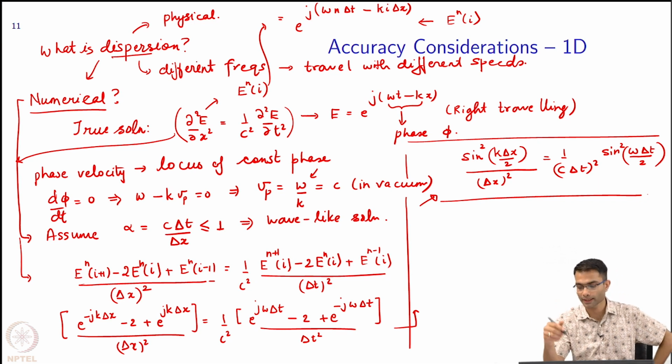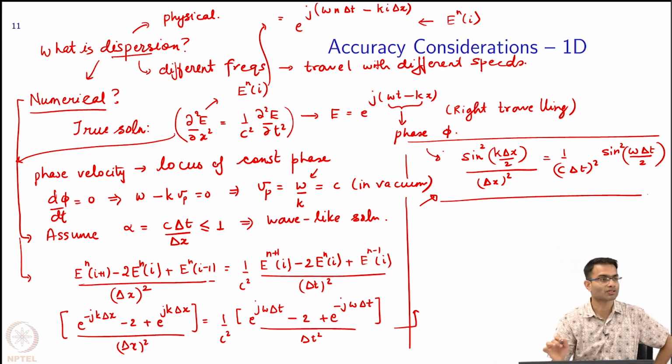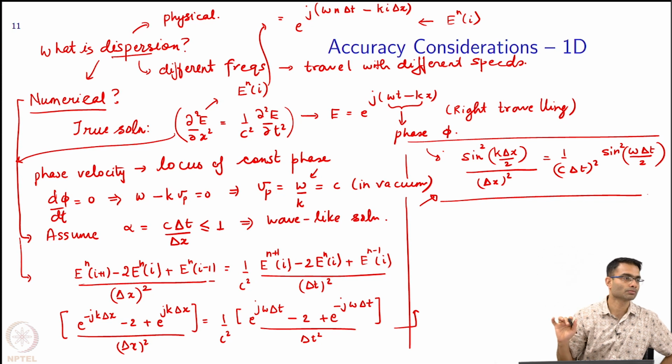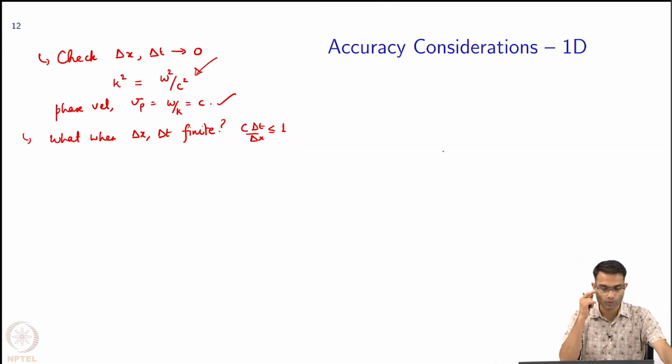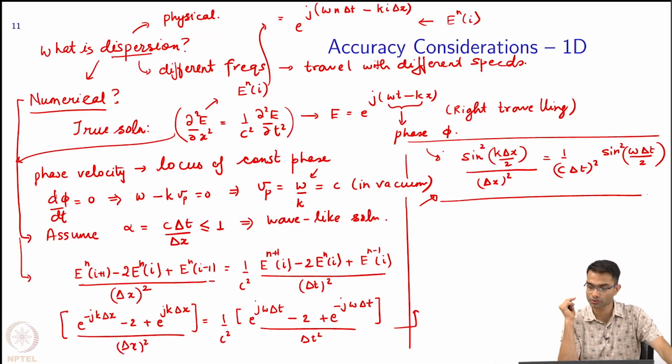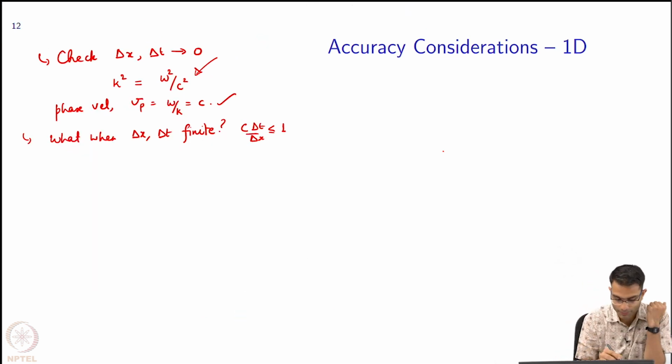Question is clear, right? When I look at this expression, it's not at all clear that omega is equal to c into k. It's not necessary that omega equal to ck is a solution to this equation. But under one special case it is. So, just look at what happens when alpha is equal to 1.